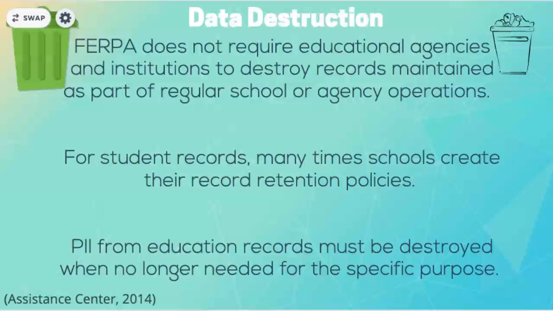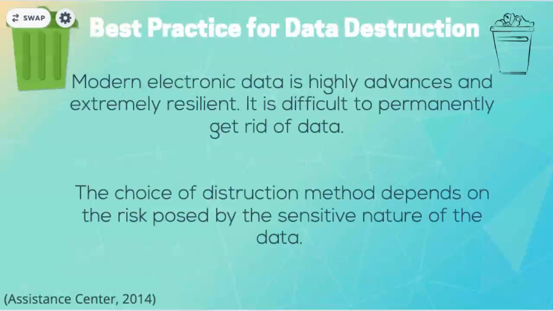PII from education records must be destroyed, though, when no longer needed for a specific purpose. And modern electronic data is really hard to get rid of. It's highly advanced and extremely resilient. It's difficult to permanently get rid of that data. So the choice of destruction method depends on the risk posed by the sensitive nature of the data.